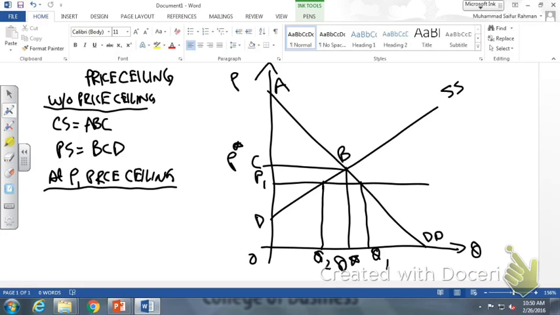So at P1 price, which is below the market equilibrium, we can see that the amount the consumer wants to buy is less than the amount the producer wants to sell, and this is called a shortage. A shortage, therefore, originates as a result of setting the price ceiling below the market equilibrium. So the shortage is going to be Q1 minus Q2. Do we all see that?